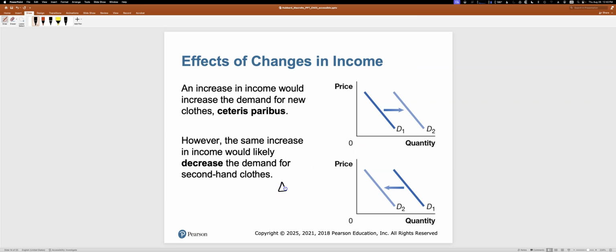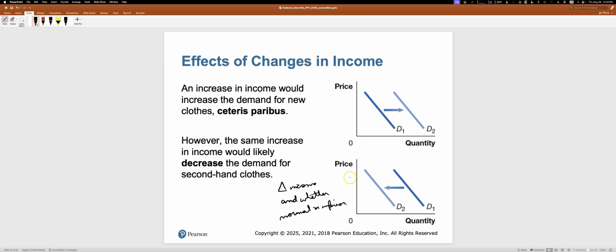I would have to tell you what the change in income is. So when I write the delta, that just means change. I'd have to tell you the change in income and whether it is normal or inferior. So I'd have to tell you both things.